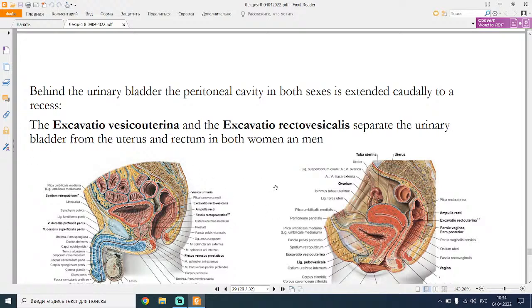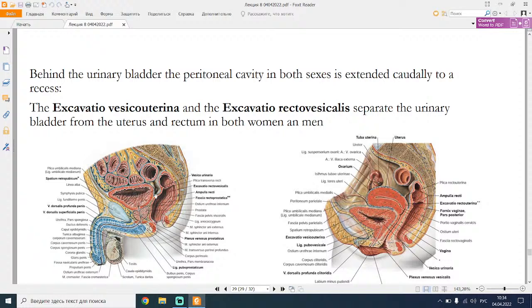Behind the urinary bladder, the peritoneal cavity in both sexes is extended caudally to recesses. The excavatio vesicouterina, what you see, excavatio vesicouterina, and excavatio rectovesicalis.